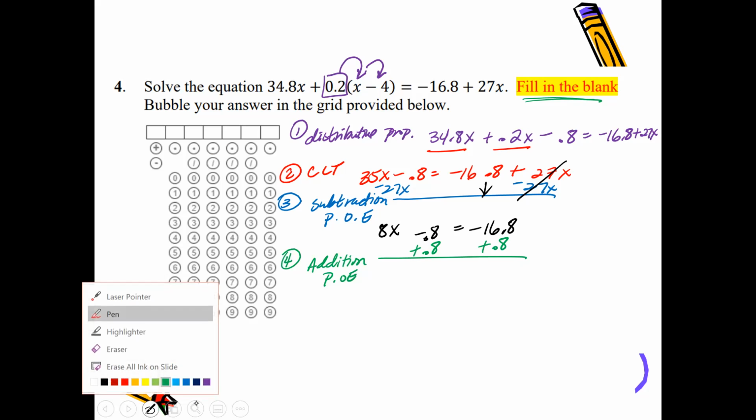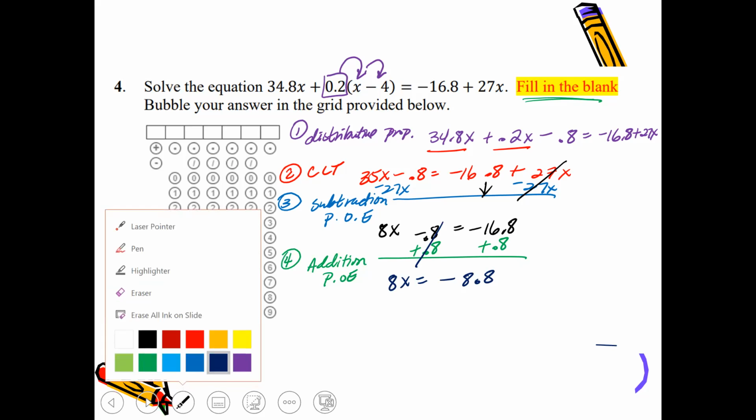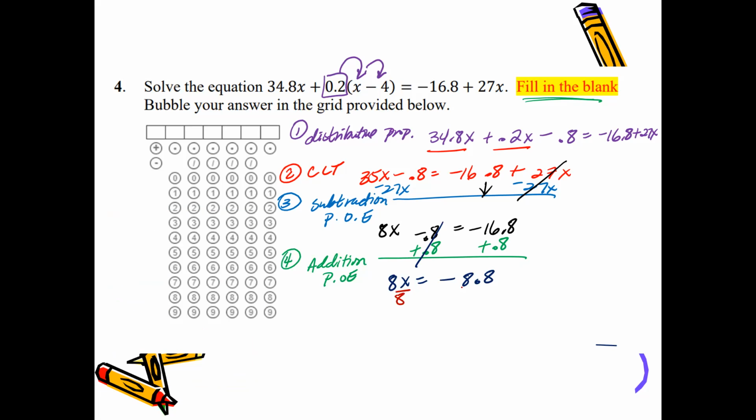All right, so let's go ahead and continue with this. That part cancels. 8x equals negative 16.8 plus 0.8, if you type that into your calculator, will give you that. So last step, you guys, I have an 8x. So how do I get rid of that 8 here?